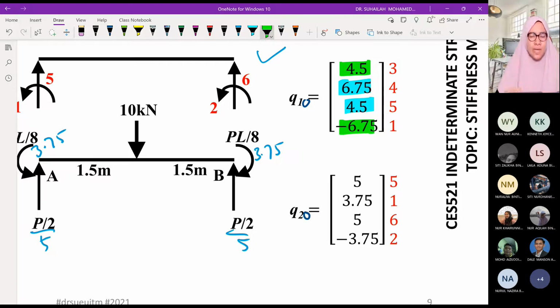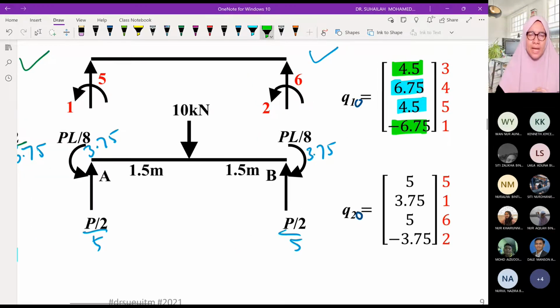Okay, so same goes to Q2 not. Q2 not, position is 5162. So compare both diagrams. We want the value at position number 5. Position number 5, it is 5.